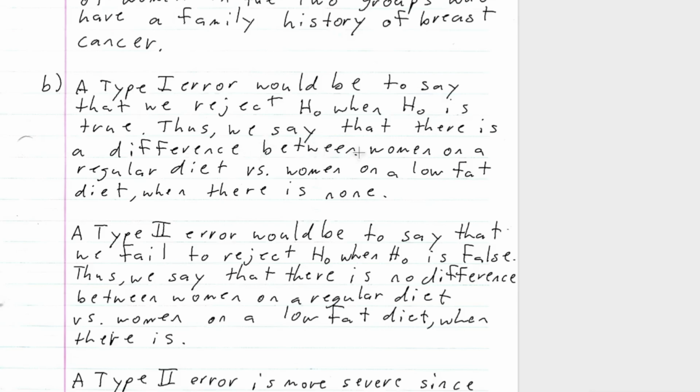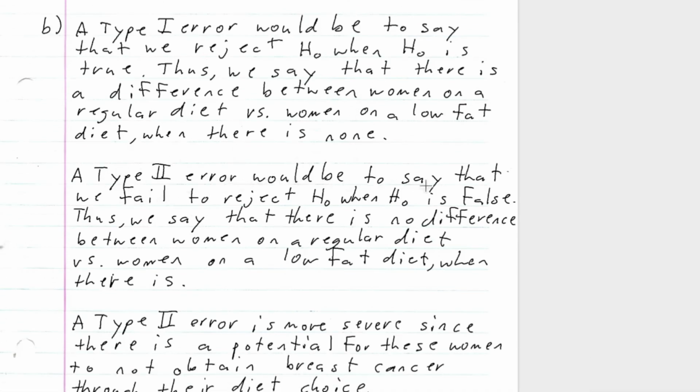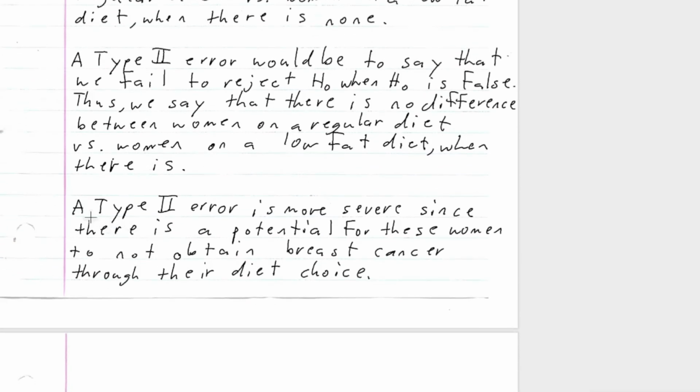A type 2 error would be to say that we fail to reject H naught when H naught is false. Now, this is really bad because this says that there is no difference between women on a regular diet versus women on a low-fat diet when there is, right? So this would be really bad. So a type 2 error is more severe since there is a potential for these women to not obtain breast cancer through their diet choice.